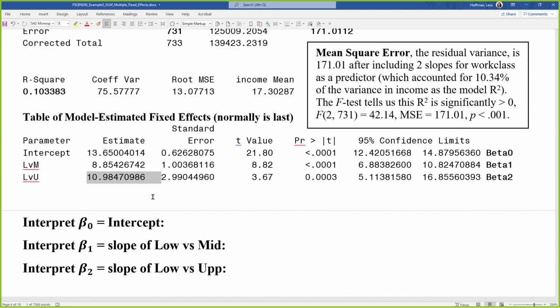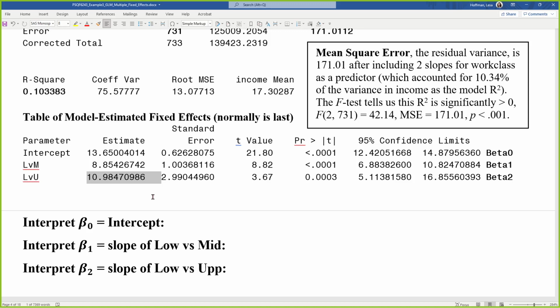Now I can do that math in my head, but getting a standard error for it is much harder. So we're going to make the programs do the math for us. And while we're at it, is the comparison of middle versus upper given to us directly by any of these numbers?